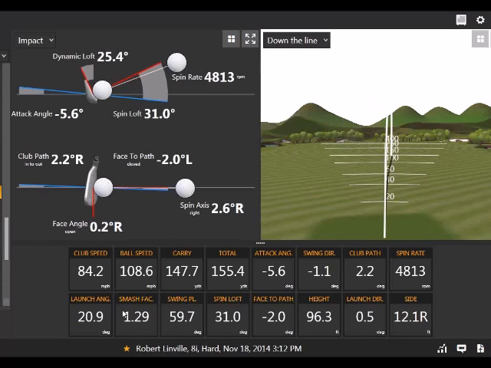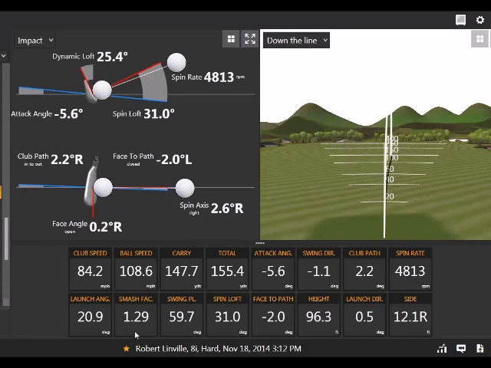Really, the goal with a driver is to get about 1.5. So if I swing it at 100, I want the ball to leave at about 150 miles an hour. If I can accomplish that, then I'm maximizing the speed that I produce, given attack angles.